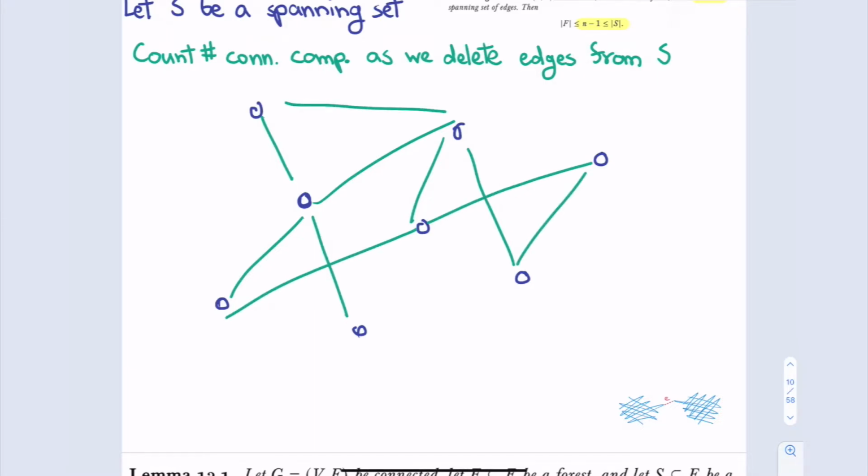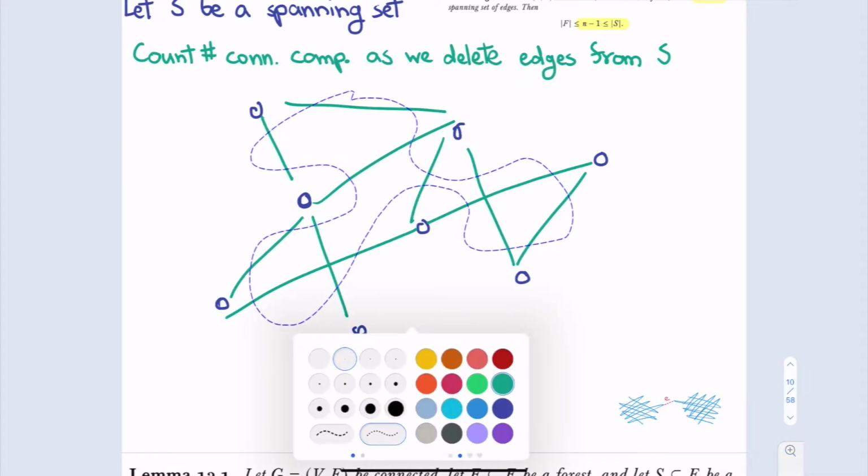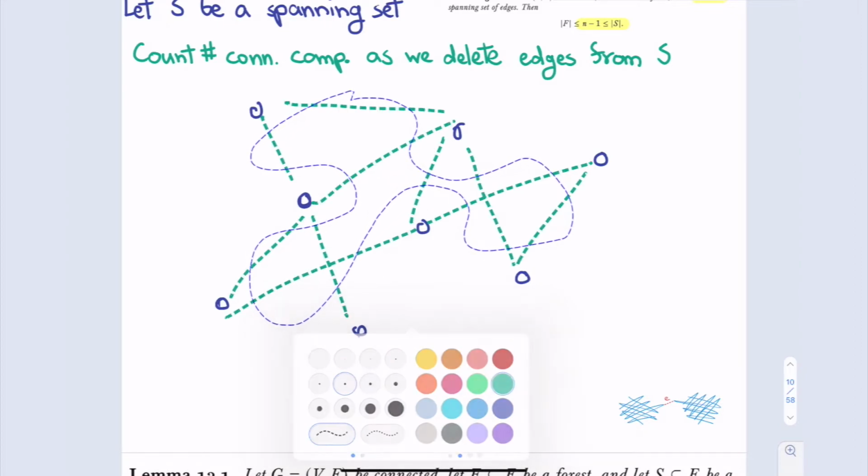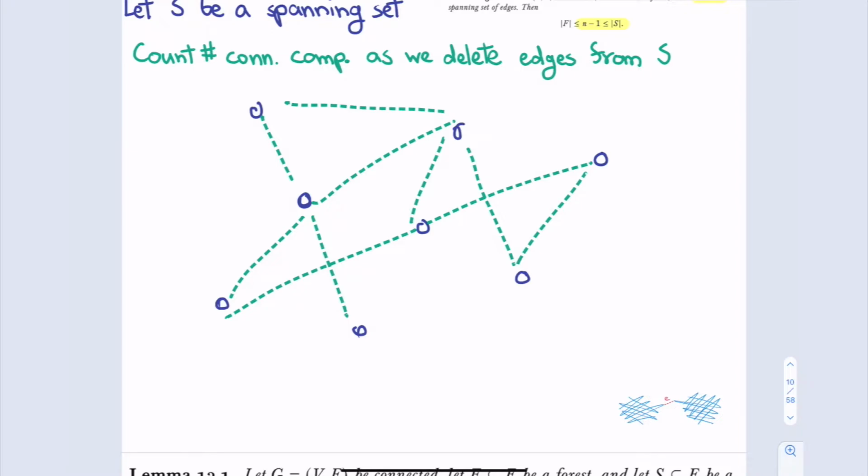Okay, so imagine the green as a set of edges that spans the whole graph.